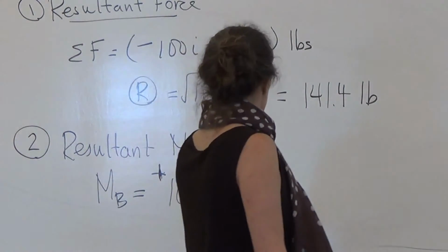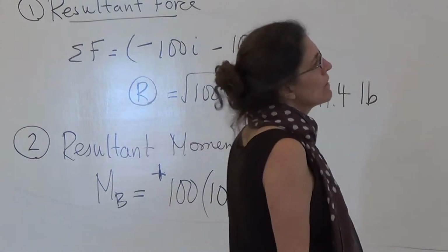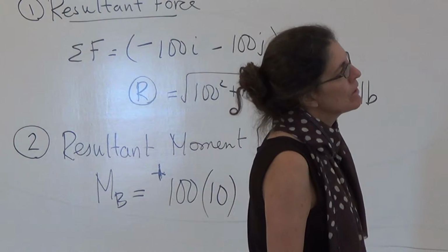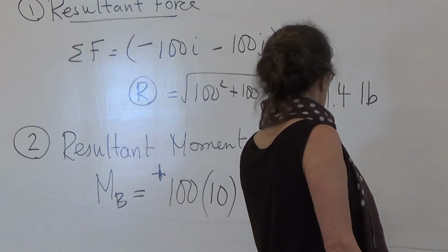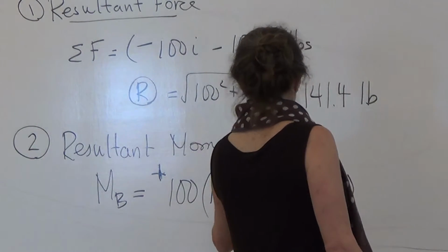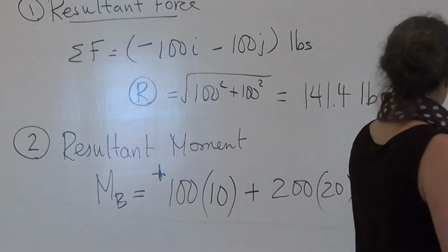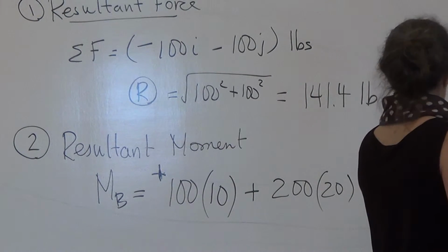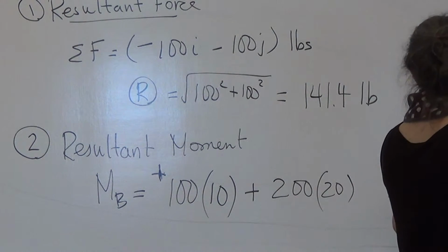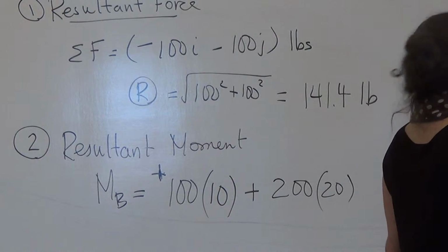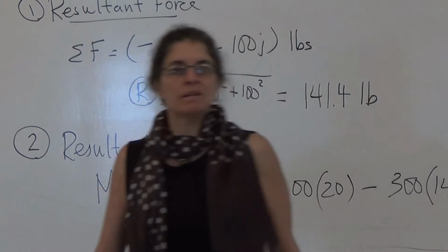And then 200 times 20, positive or negative? And then 300 times 14, positive or negative? Negative. Anybody have done it differently?